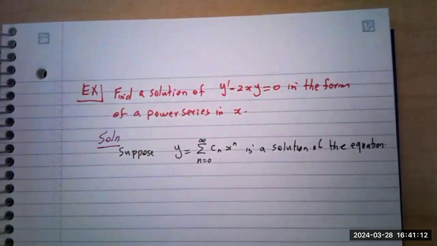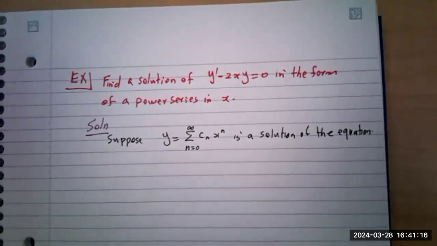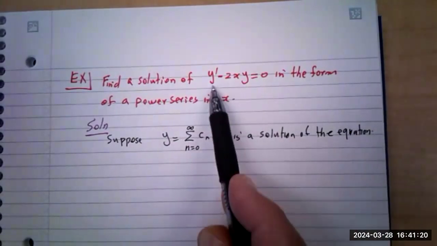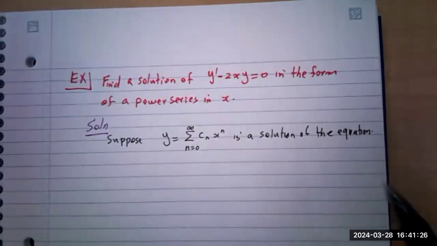So you assume that the power series is your solution. Now, if it's going to be a solution, it satisfies the equation, so you have to substitute it here. Since you need the y prime, differentiate it first, then substitute.